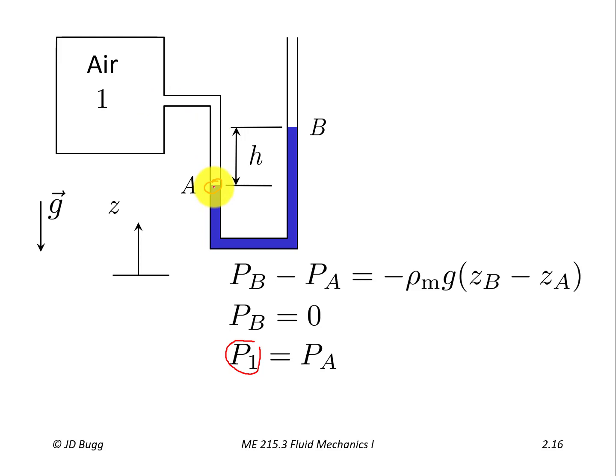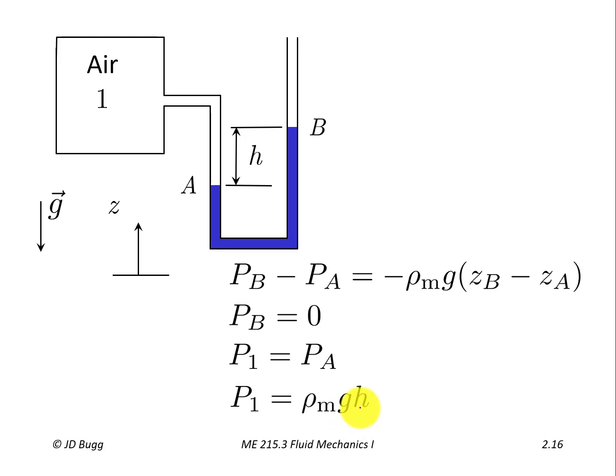So I'm neglecting pressure changes that happen in the air because it presumably has a much, much lower density than this manometer fluid. So I indicate that here by saying P_1 is equal to P_A. No pressure changes as we move up and down in the air. So when we do that, we can rewrite this equation as just P_1 is equal to the density of the manometer fluid times g times h.